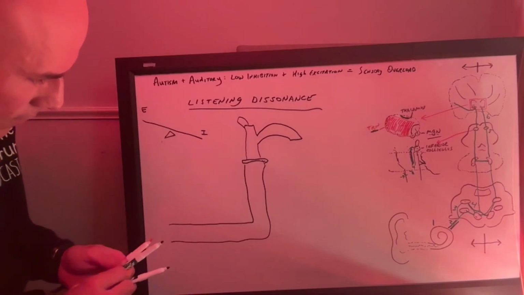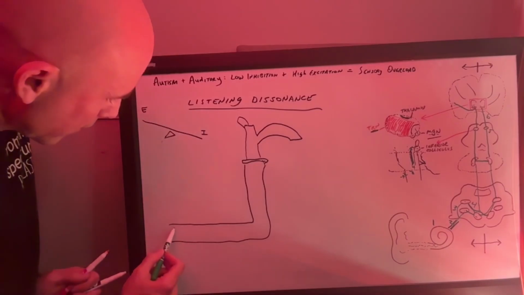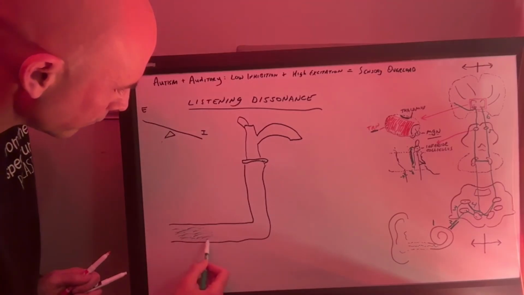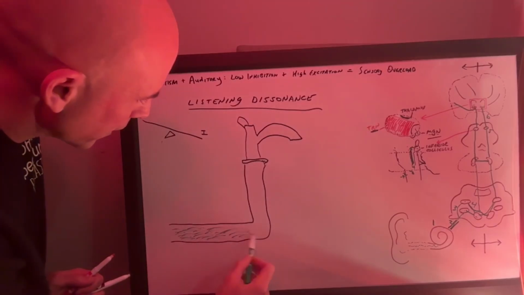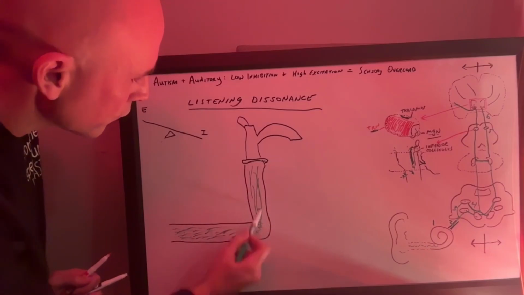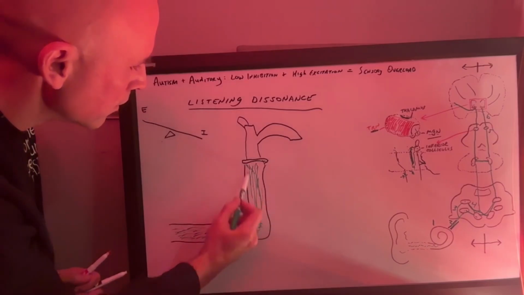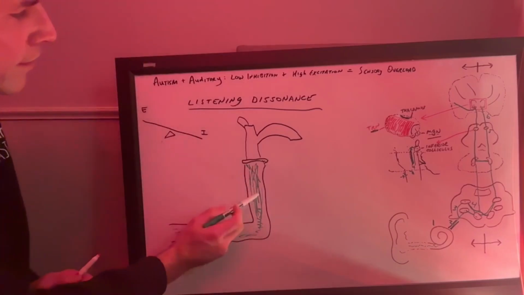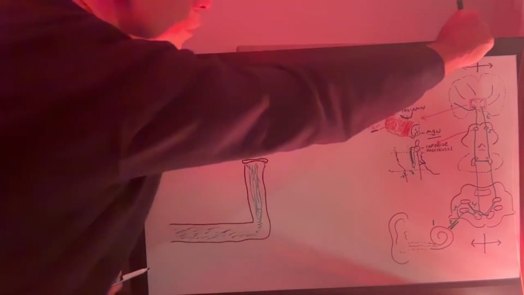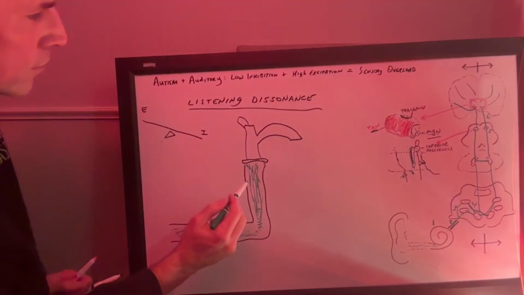All through here, I want to go green. Let's just say this is water, okay? Because these are the signals coming up the brainstem. And then these areas are the areas trying to filter this out, and even the cortex trying to suppress these sounds.